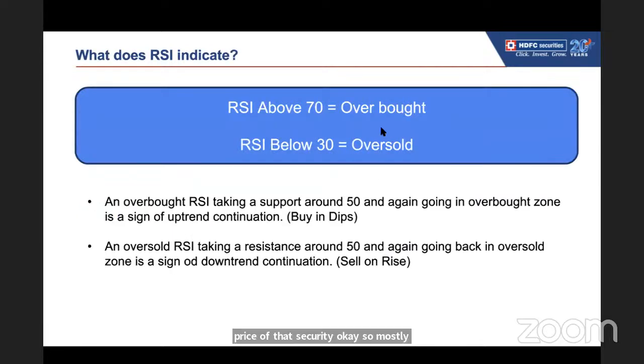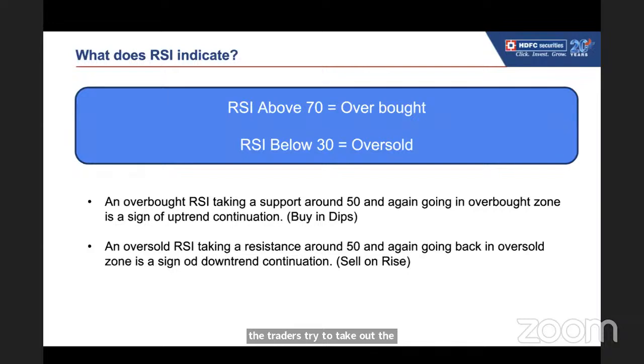Okay, so most commonly considered numbers are 70 and 30, but some traders also consider 80 and 20. Okay, ये आपका 1 to 100 का रेंज होता है.